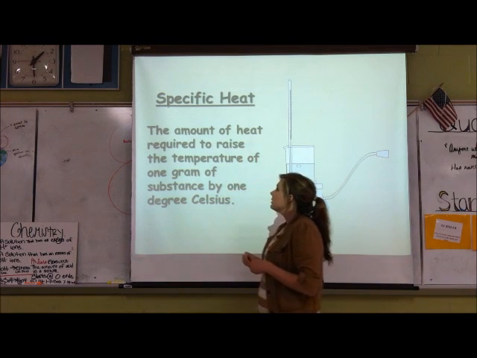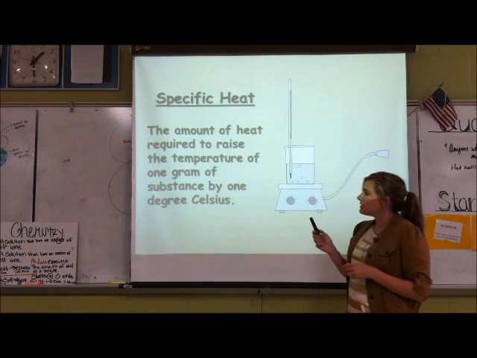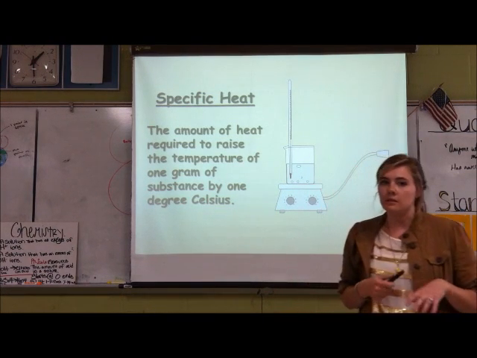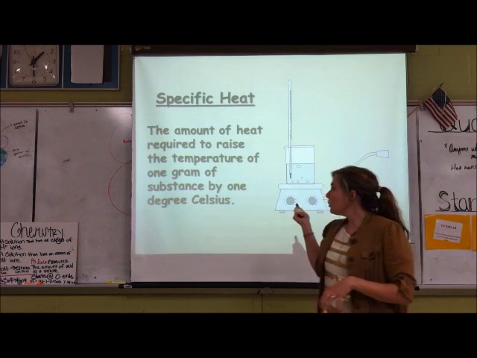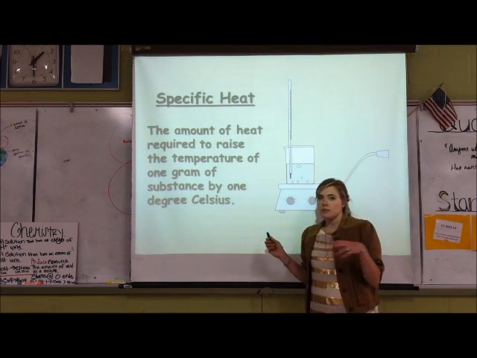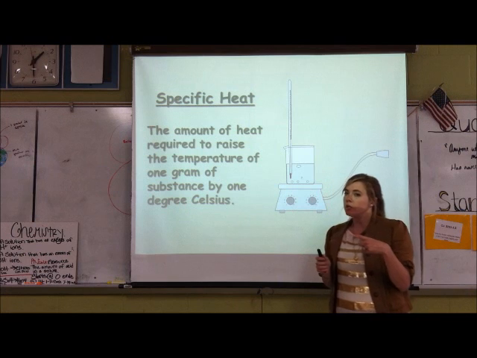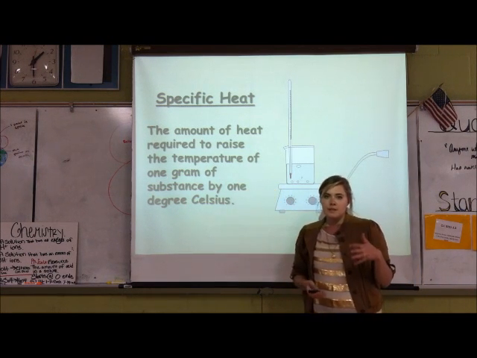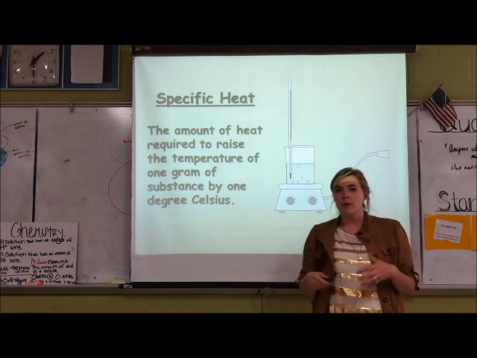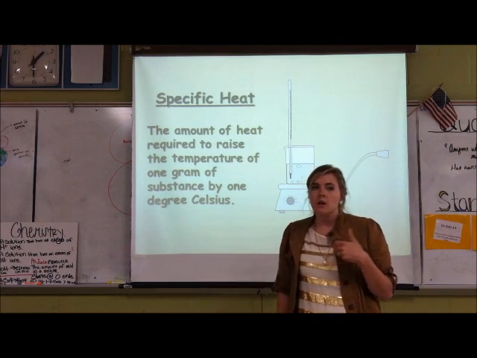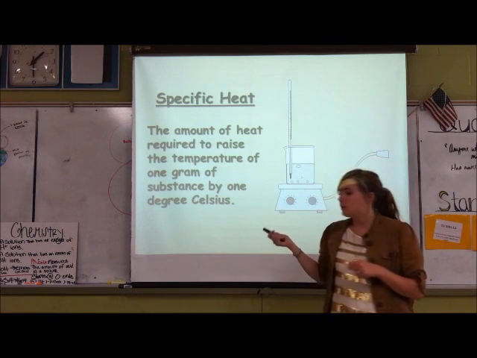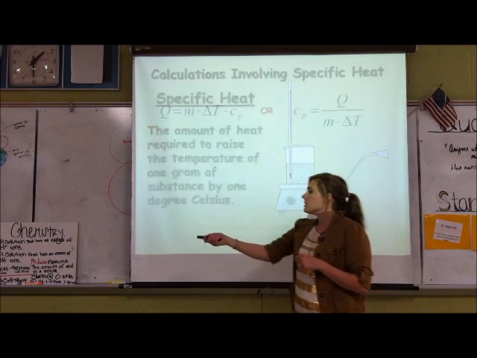Specific heat is the amount of heat required to raise the temperature of 1 gram of a substance by 1 degree Celsius. What's significant, and you see the chart in your notes, is that each substance has a different specific heat. Each substance requires a different amount of energy for that 1 degree temperature raise. So that becomes a significant part of our calculations.